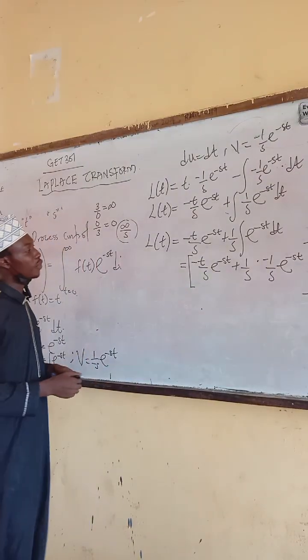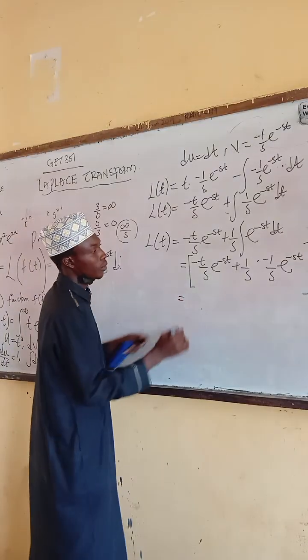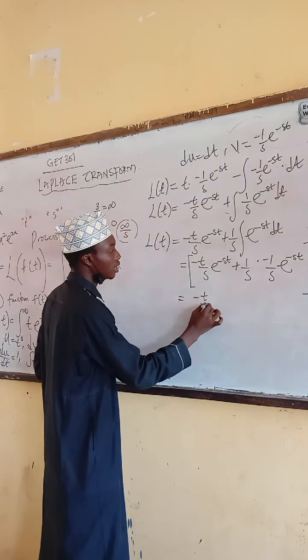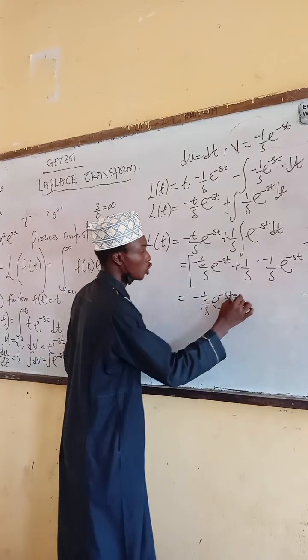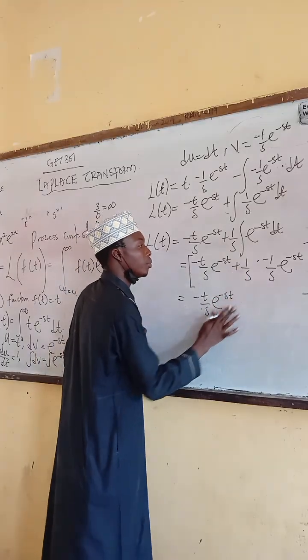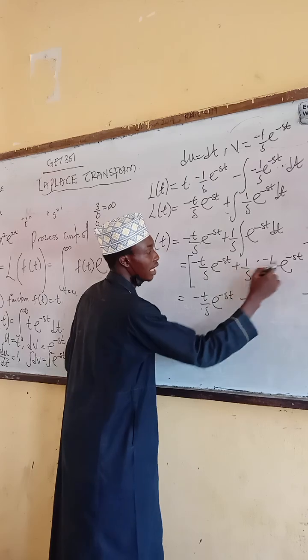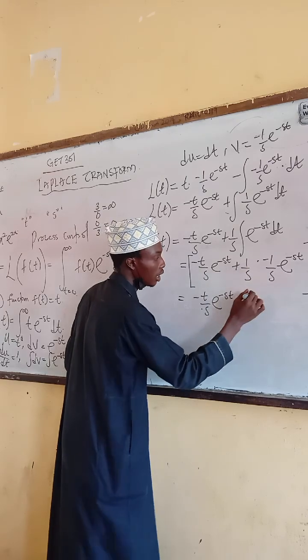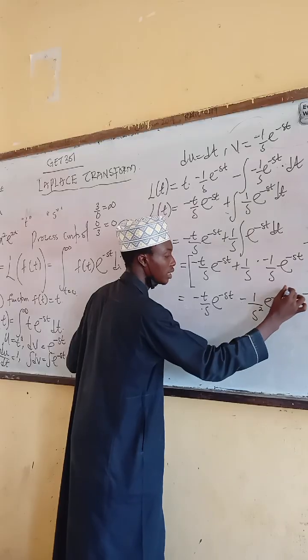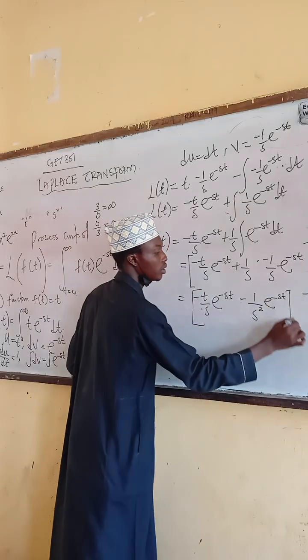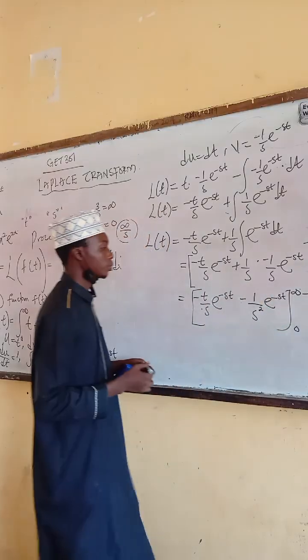From this place, you are going to have minus t over s exponential minus st, plus minus 1 times minus 1, which is 1, over s times s, s square, exponential minus st, evaluated from 0 to infinity.